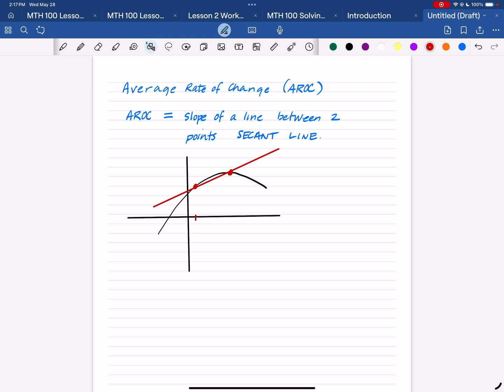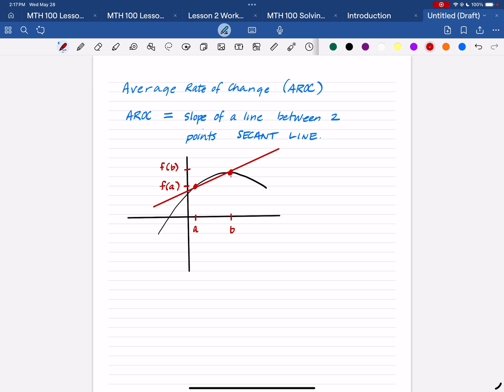We'll call this first point A, and the second point B. That means this has a y value of f of a, or the function's value at a, and this second point has a y value of f of b.